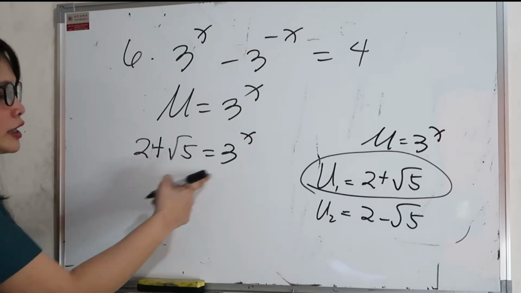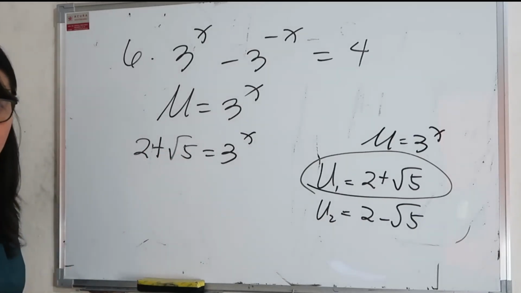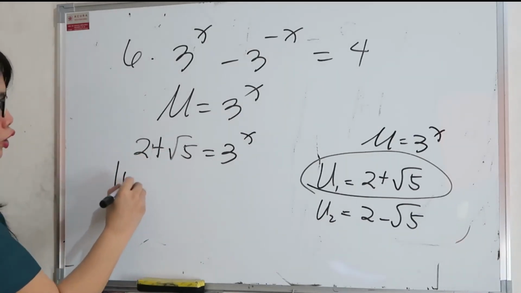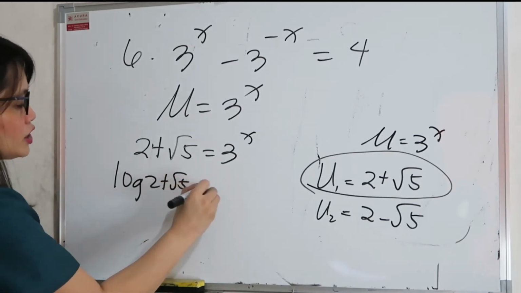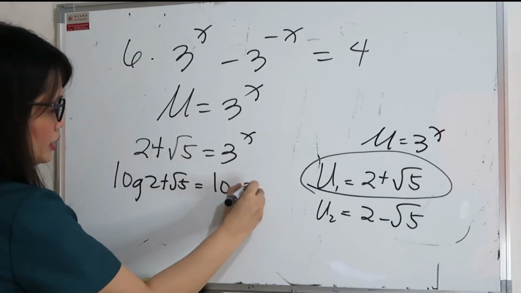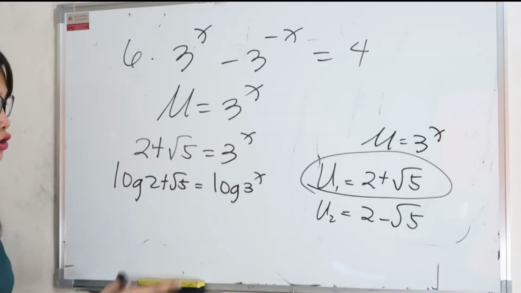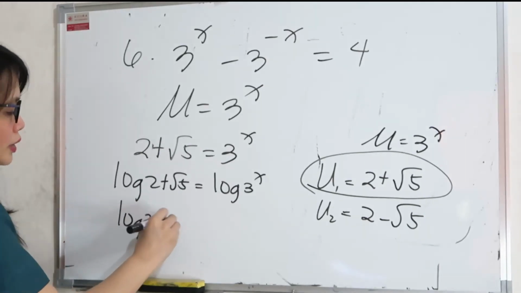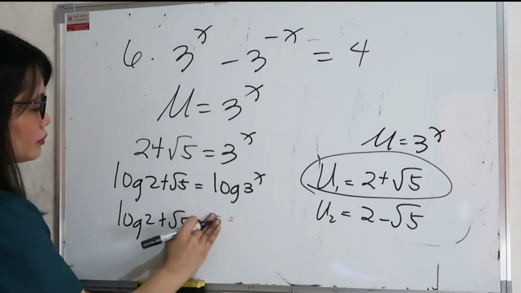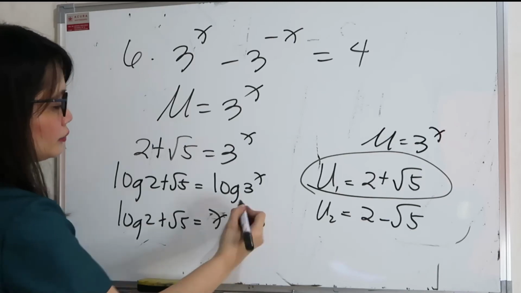Meaning, we need to get the log of each side. So that will become log of 2 plus square root of 5 is equal to log of 3 raised to x. So this will become log of 2 plus square root of 5 is equal to x log of 3.